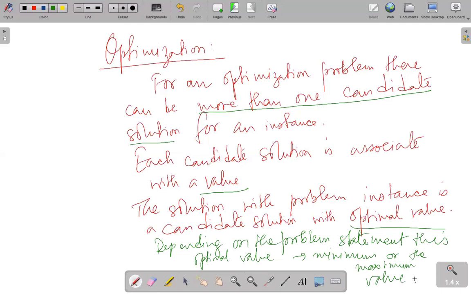Okay, so the optimum value could be either the minimum or the maximum value.